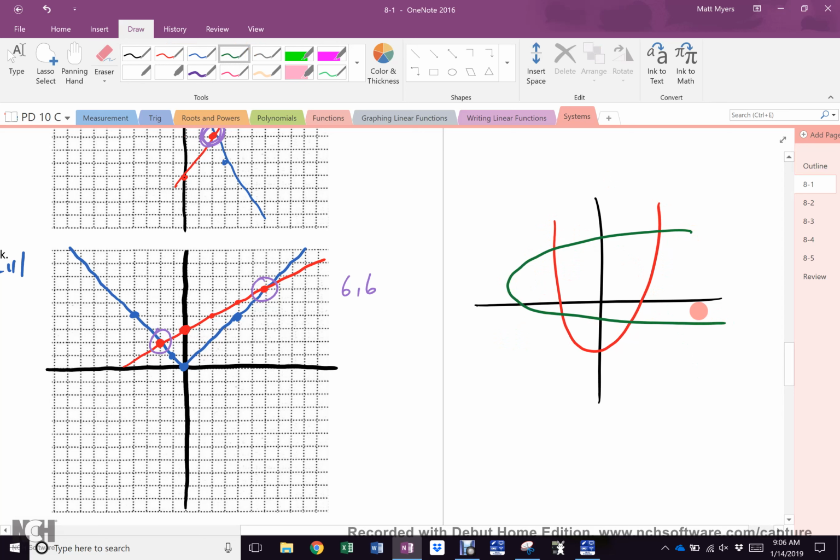Now how many solutions? 4. What if I added this? Now how many solutions? 2. Because only the points where all 3 cross are solutions. Does everybody understand? Yeah. The concept is wherever they cross, that's the solution.